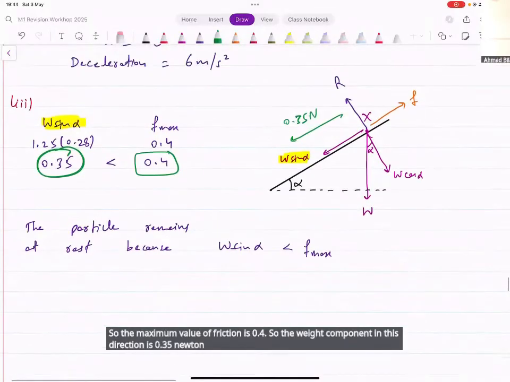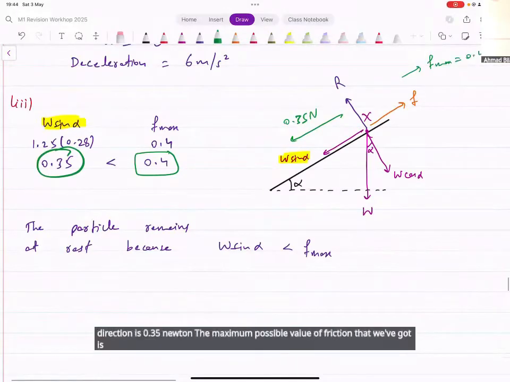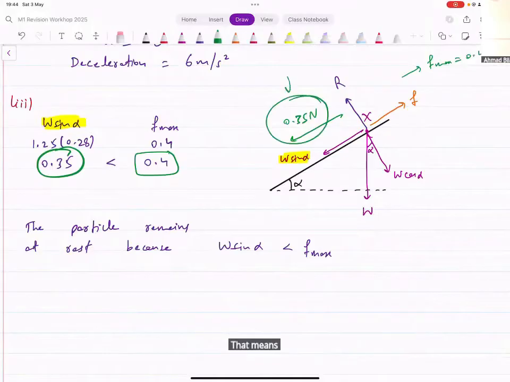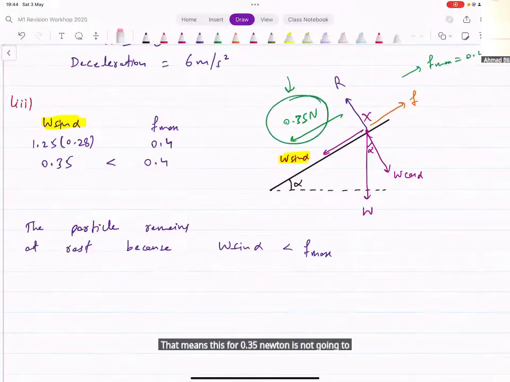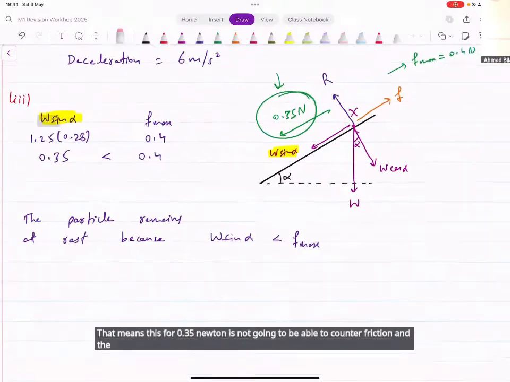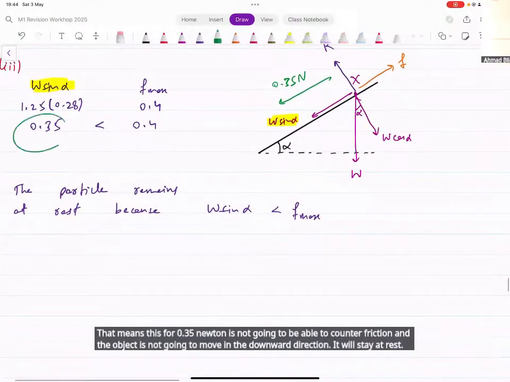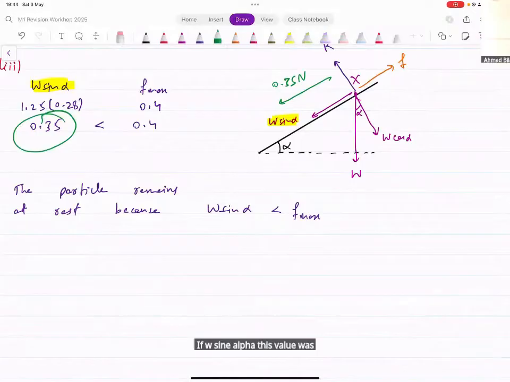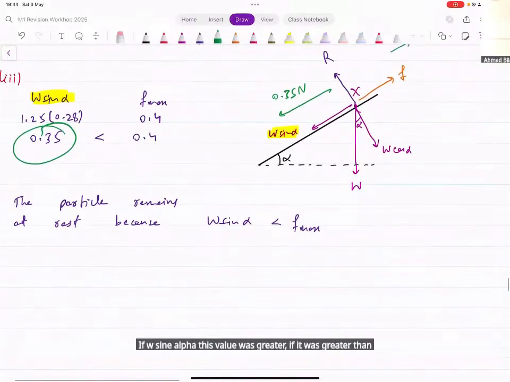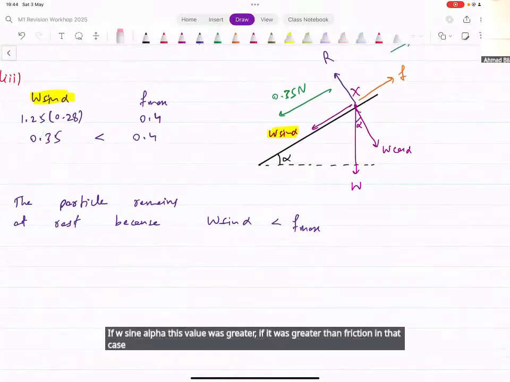The maximum possible value of friction that we've got is 0.4 Newton. That means this force, 0.35 Newton, is not going to be able to counter friction, and the object is not going to move in the downward direction. It will stay at rest. If W sine alpha was greater than friction, in that case, the object will start moving in the downward direction.